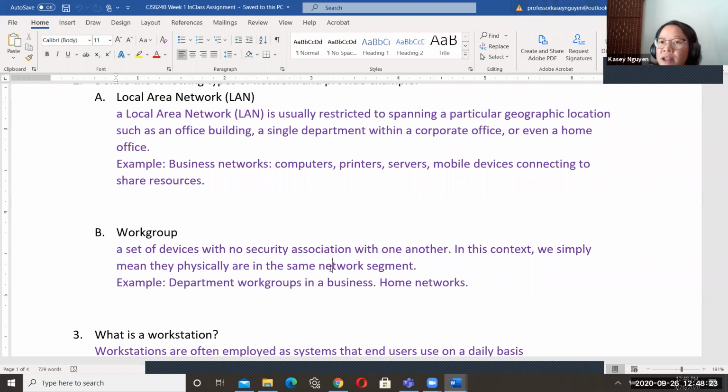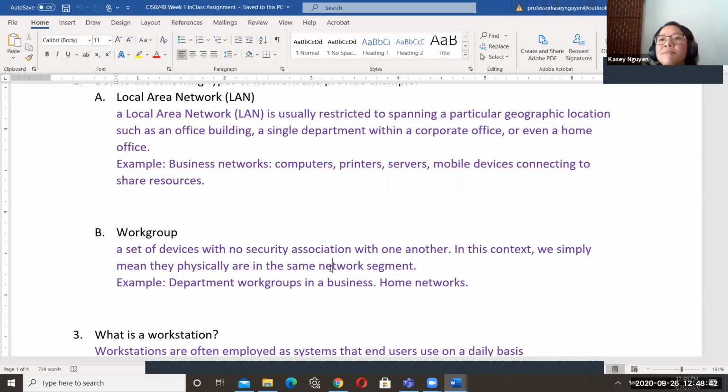It could just be for library use only. And then you go to another location on the campus, like a computer lab in the humanities building, then that's a different segment of the network.